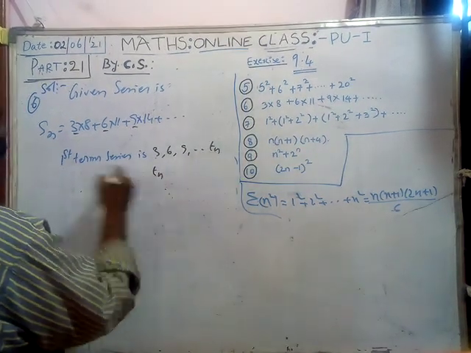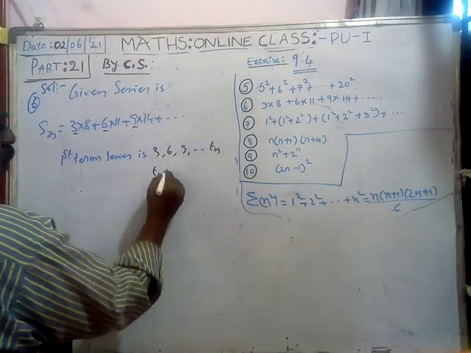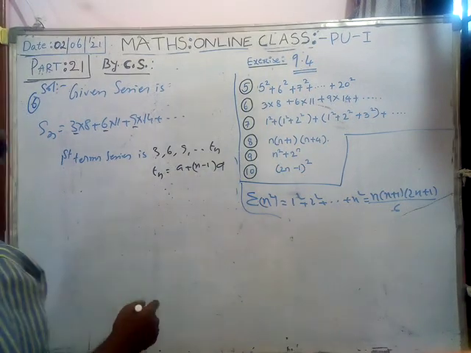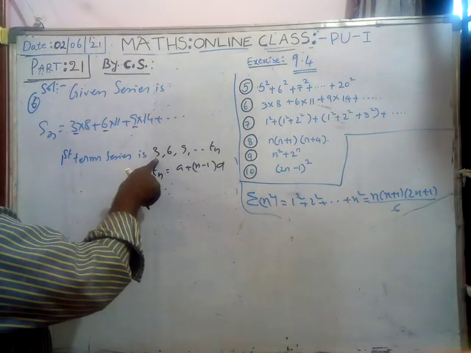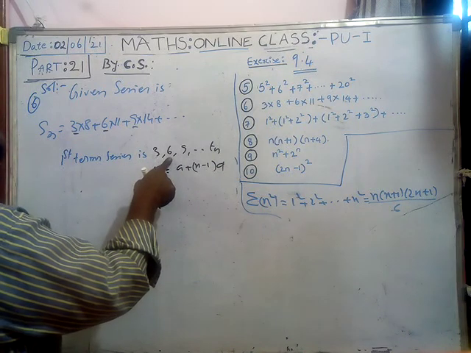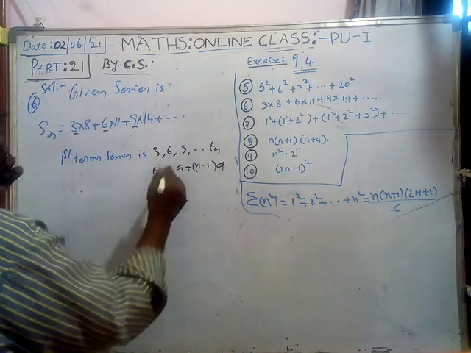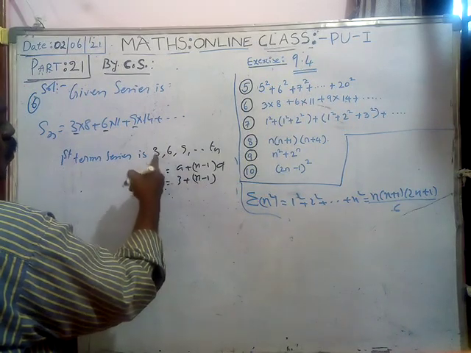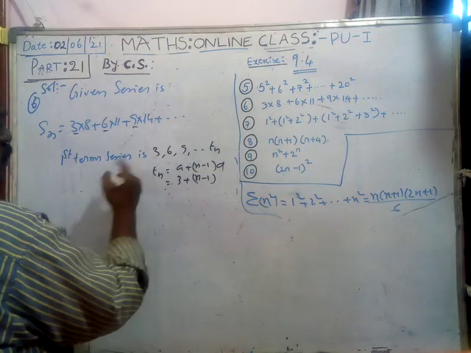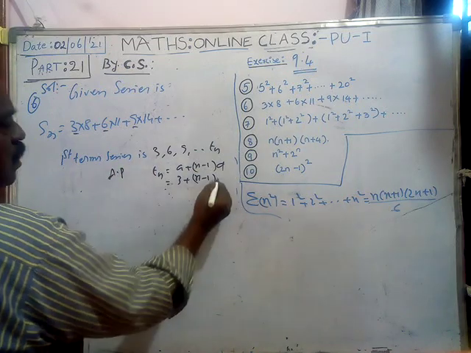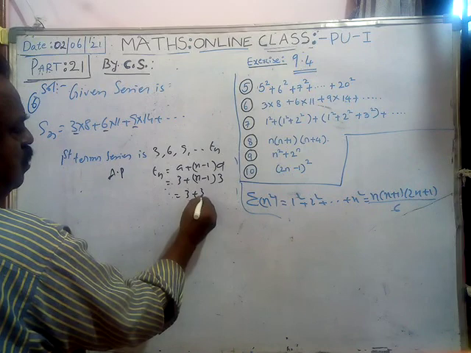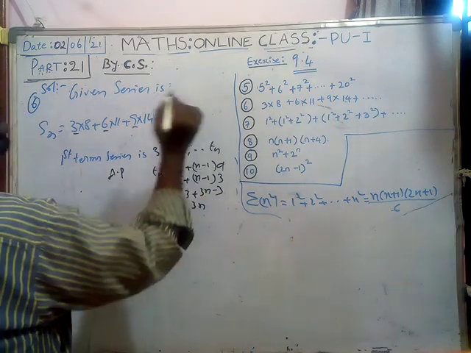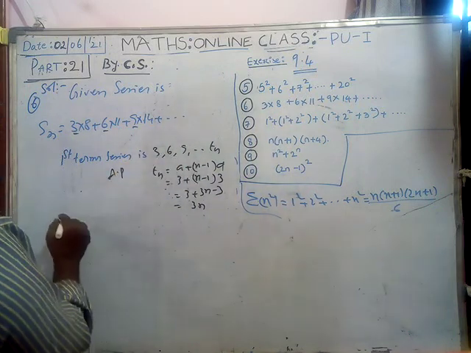Here Tn in this series is a plus n minus 1 into d, because 3 plus 3 is 6, 6 plus 3 is 9, it is going like that. 3 plus n minus 1 into the common difference, which is 3. So 3 plus 3n minus 3, so it is 3n. So here it is 3n, that term.